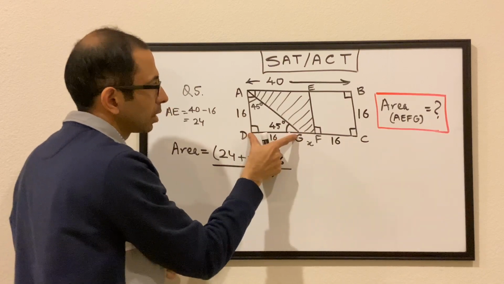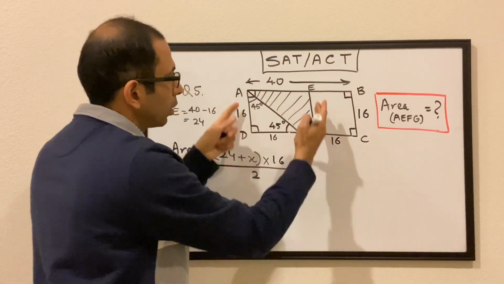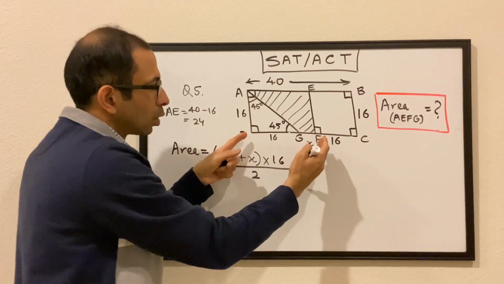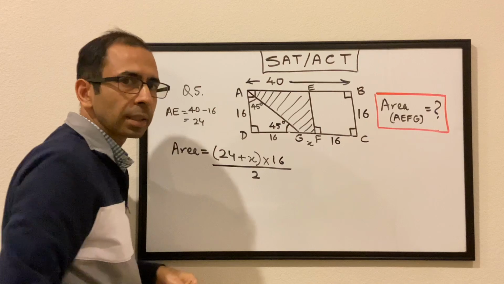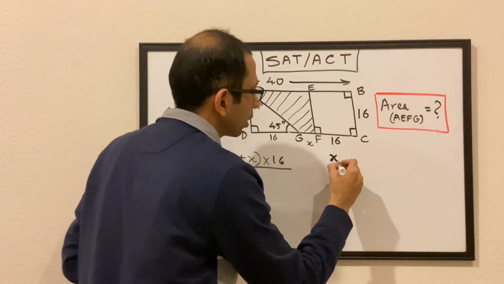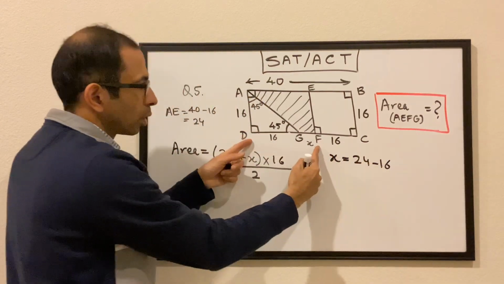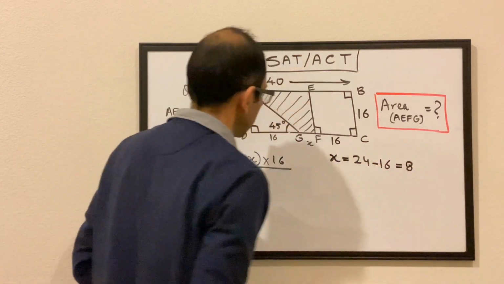So DG is 16 because this angle is 45 degrees. Now we already found the length of AE, which was 24, which is the same as DF. So DF minus DG, 24 minus 16, will give us X. So X is nothing but 24 minus 16, which comes out to be 8.